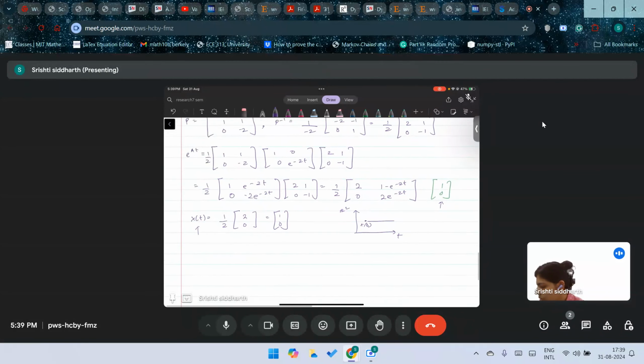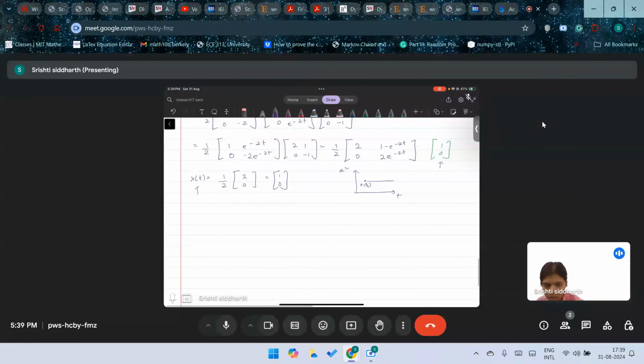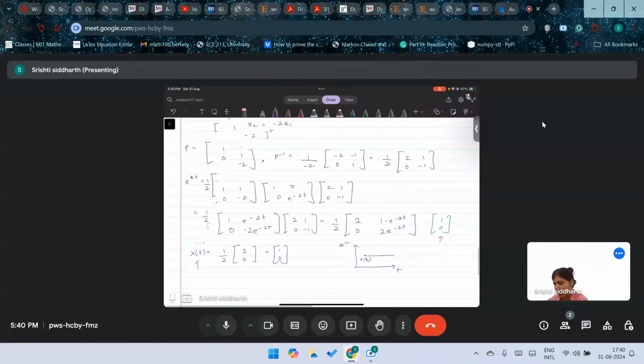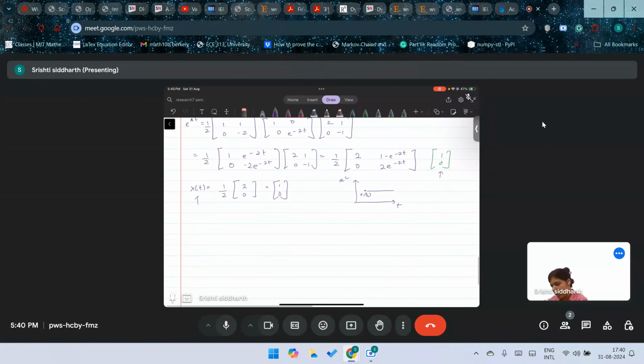So you can do this similarly for a third order system, in which you need to find the eigenvalues of the system, then the eigenvectors. Then you proceed to find P, and then you simply calculate e to the power At. So let me write down the question.